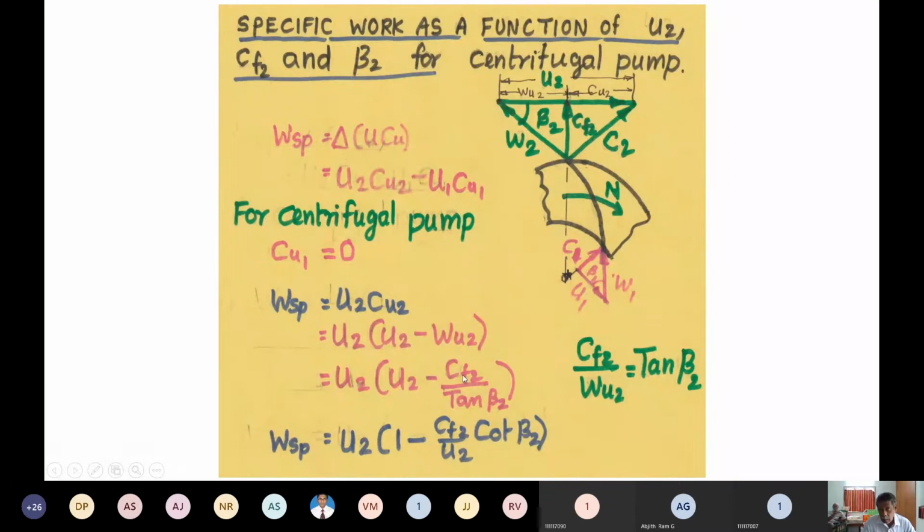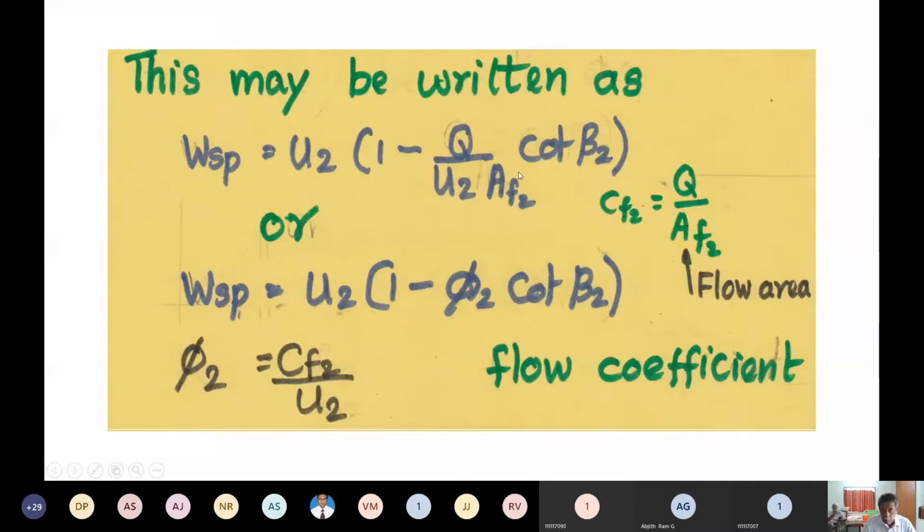So finally the specific work becomes U2 into 1 minus CF2 by U2 cot beta 2. So this may be written as specific work equal to U2 into 1 minus Q by U2 AF2. So Q is the discharge divided by AF2, the flow area at exit, which should give you the flow velocity CF2.